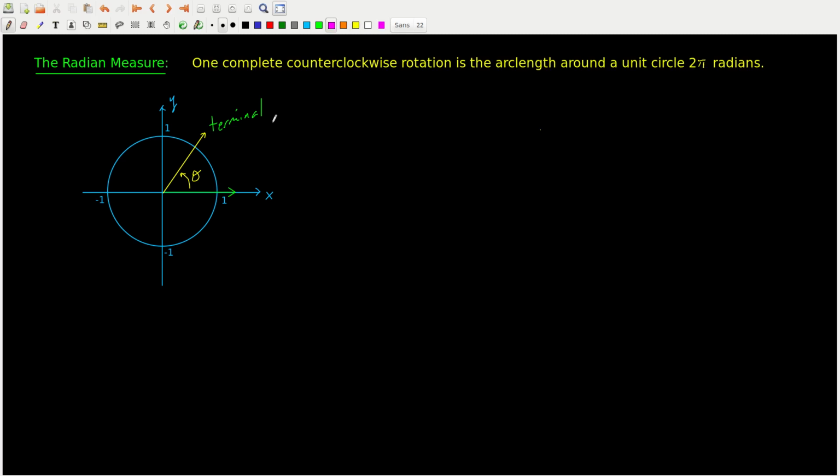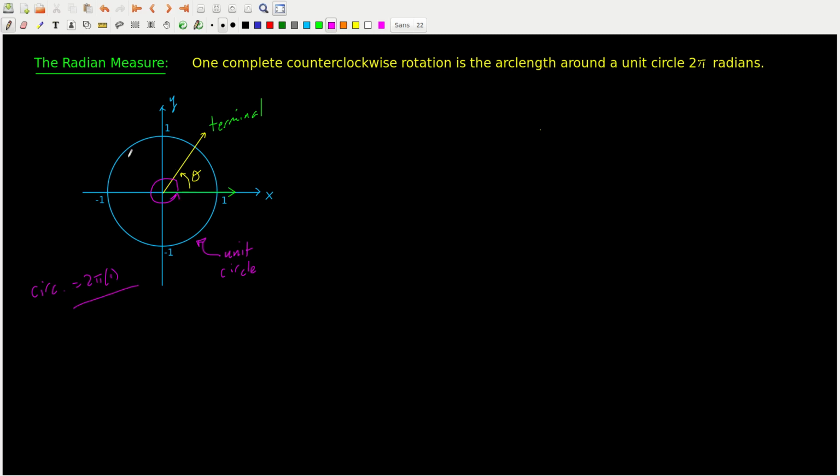We define the radian so that one complete rotation is the distance you'd measure around the unit circle. I've drawn a unit circle here. We've got a circle of radius 1. The unit circle, remember, is literally just a circle of radius 1. And so the distance around a circle is just the circumference, and that's 2 pi times the radius, and the radius here is 1.